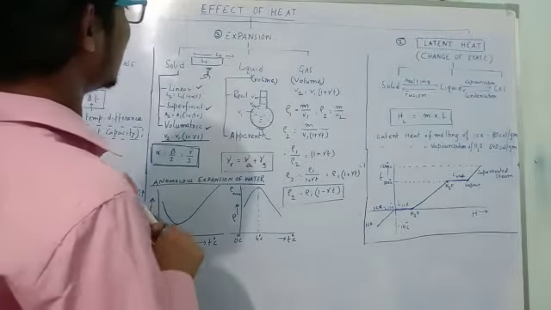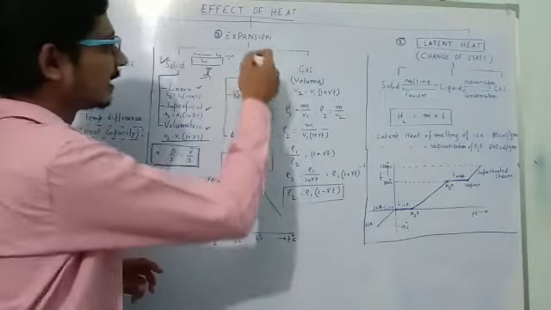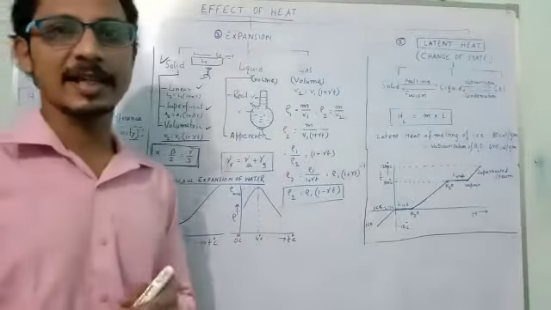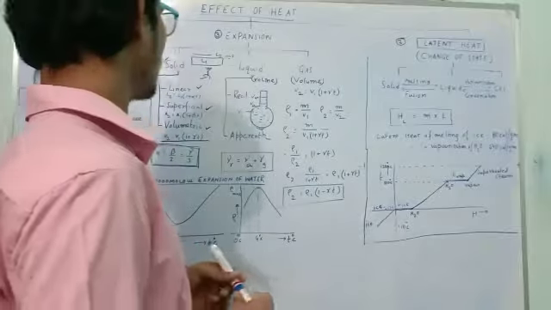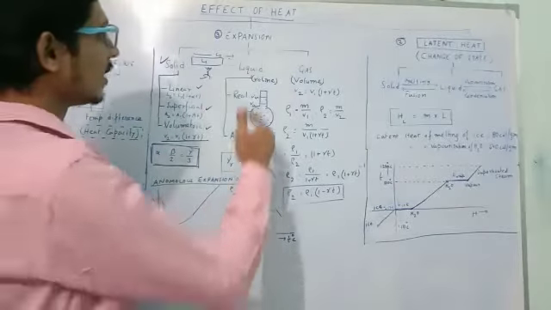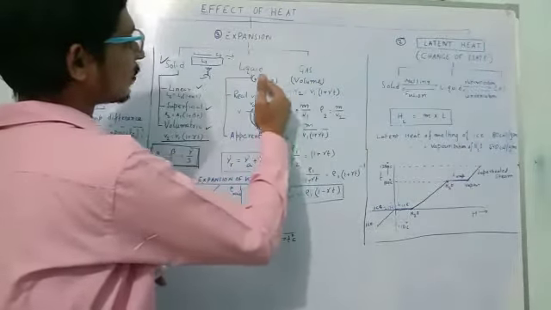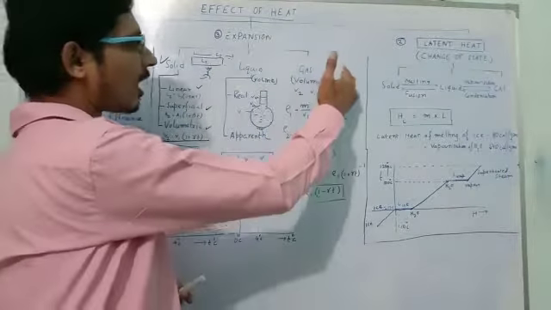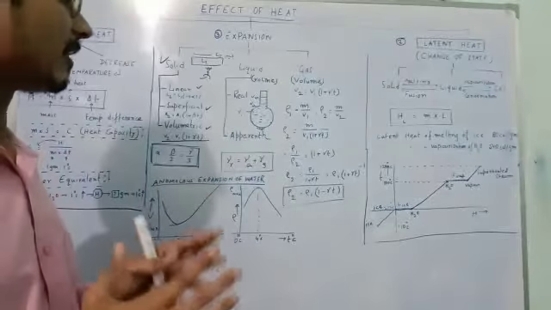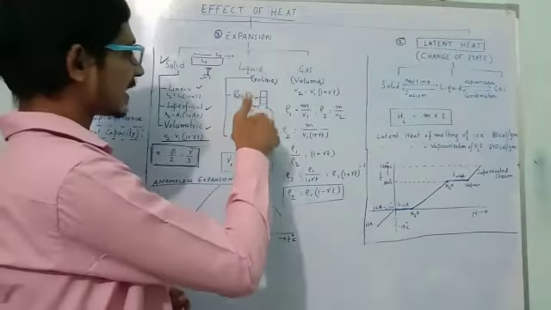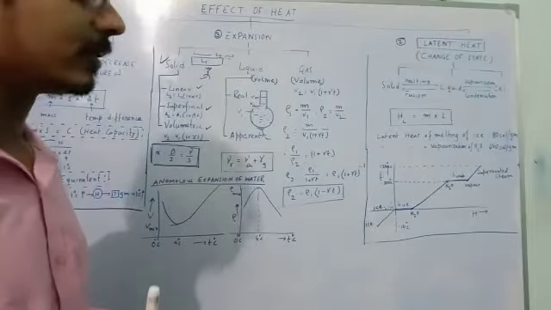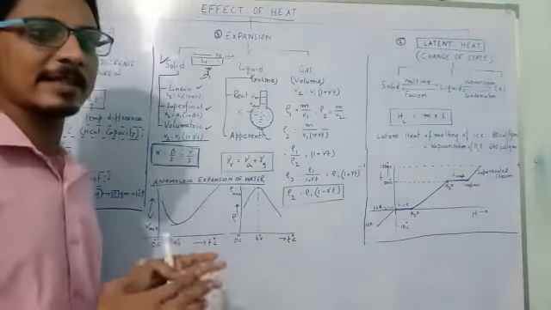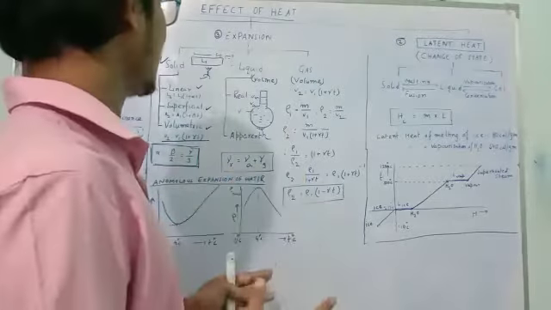Now in case of liquid, we know that there is no length or area. Liquid and gas only contain volume. So in case of liquid and gas, only volumetric expansion will be there. In case of liquid or gas, we need to take that amount of liquid in a certain container, and the expansion of the container as well as the expansion of the liquid will be considered.